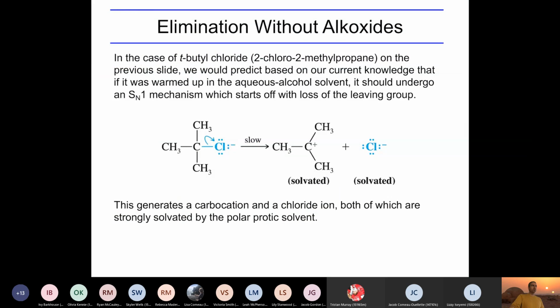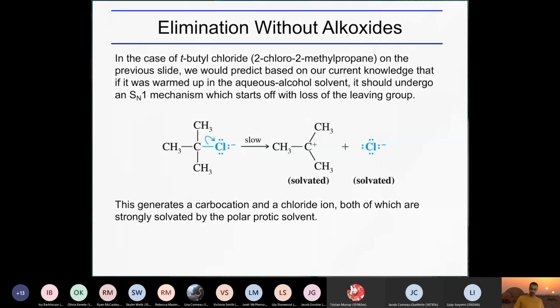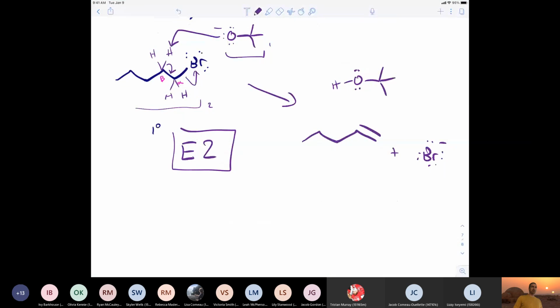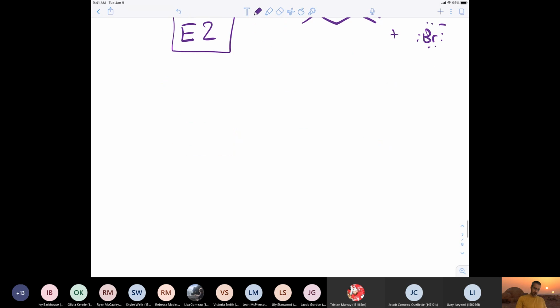Now, I'm going to come back to that. I keep switching back and forth before I'm ready to stop talking about this. E2 doesn't care if it's primary or tertiary. Why would it? It just needs a beta hydrogen it can get at. Okay, look at this example. We have alpha, beta, beta.